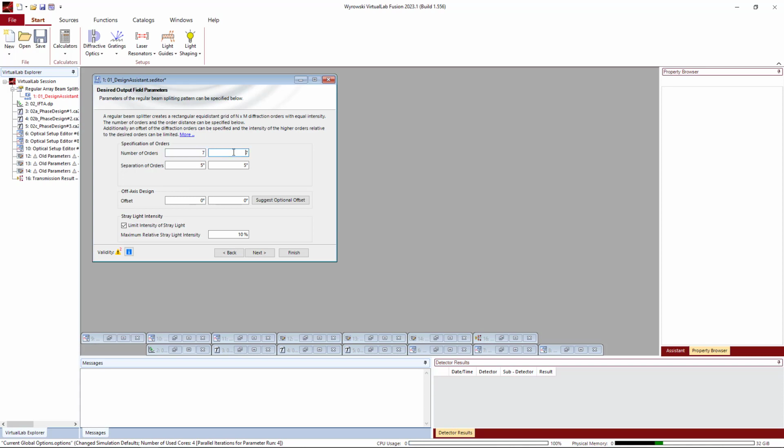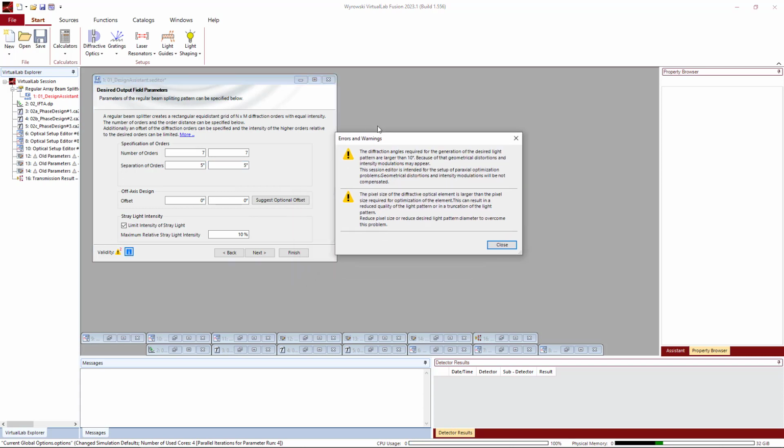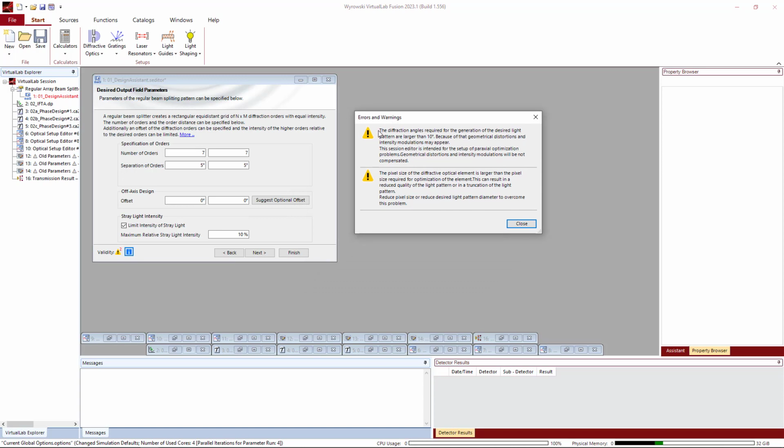We're talking about beam splitters, so we know we want discrete orders, and the separation between those orders. And already at this stage, this validity control in the design wizard is going to tell us that the diffraction angles that are required for the generation of the desired light pattern are larger than 10 degrees.